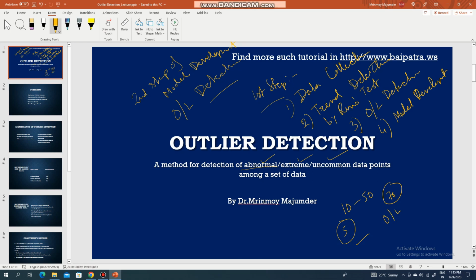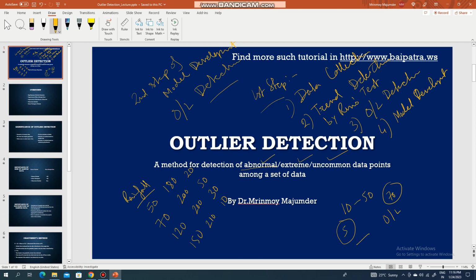Suppose we take an example of rainfall of the last 12 years in, say, the state of Tripura. You will find 50, 70, 120, 150, then 180, 200, 200, 210, and suddenly it is very low, 20, 15, then 30, then 10.